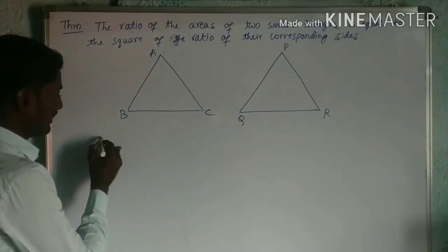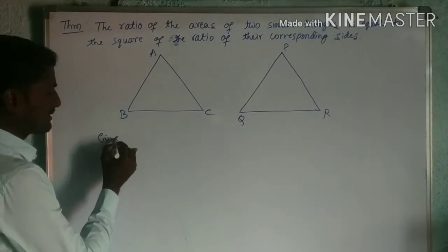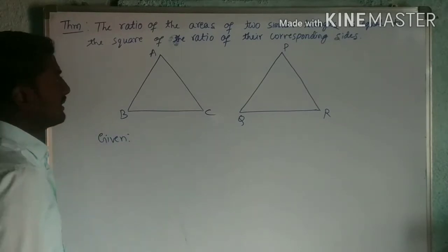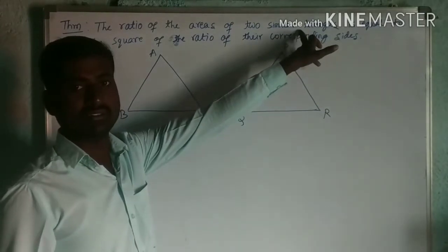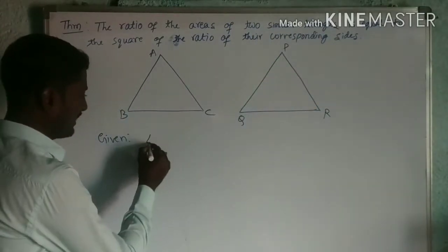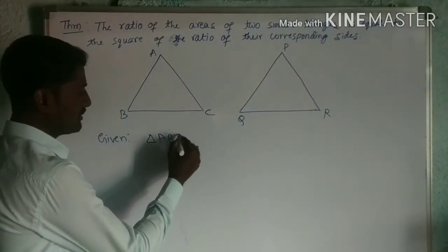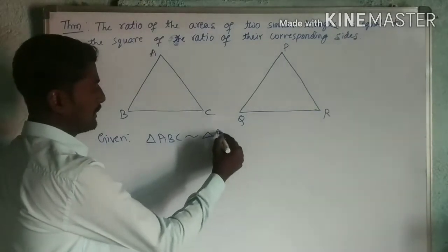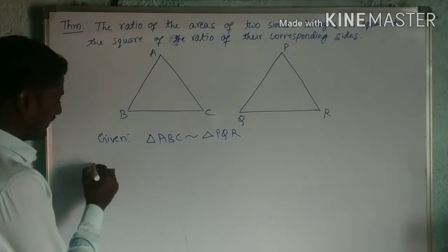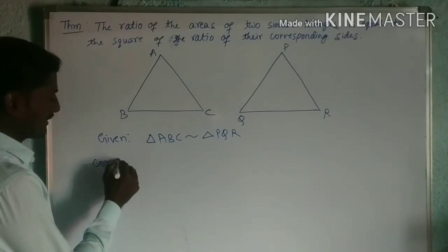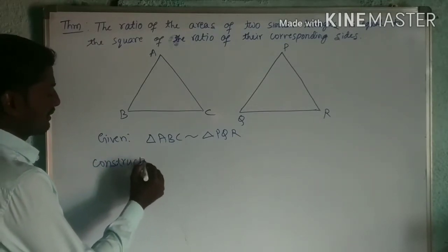So first let us take the given or data. What is given? Triangle ABC and triangle PQR are similar, they said. So triangle ABC is similar to triangle PQR, they have given it. Next I can take construction. What can I write here? Construction.